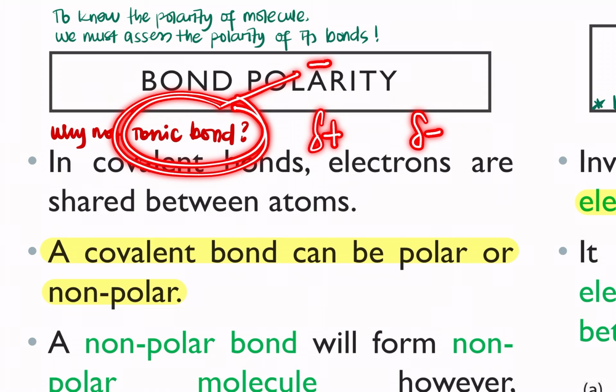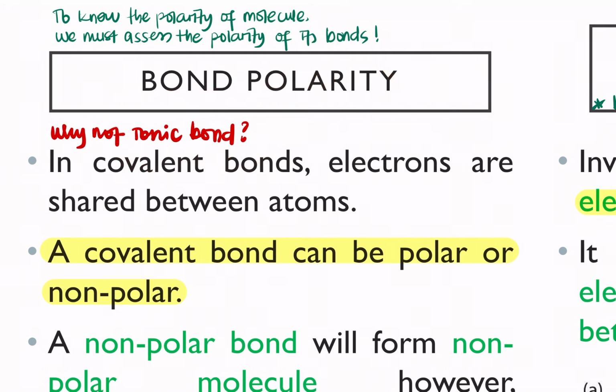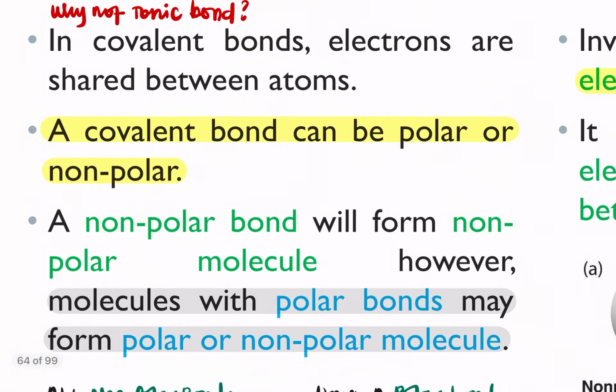That means it is between fully positive and fully negative, so the charges are already definite. So we're going to talk about covalent bonds because they share the electrons between that bond.